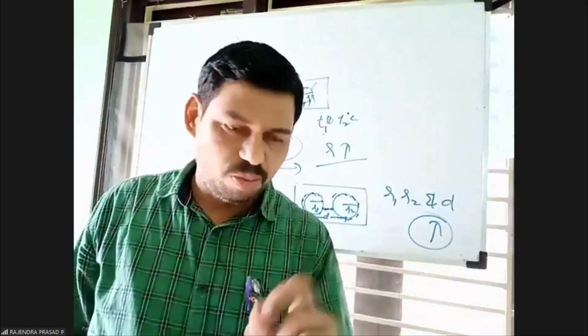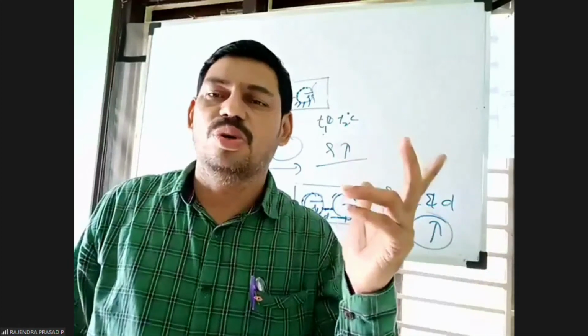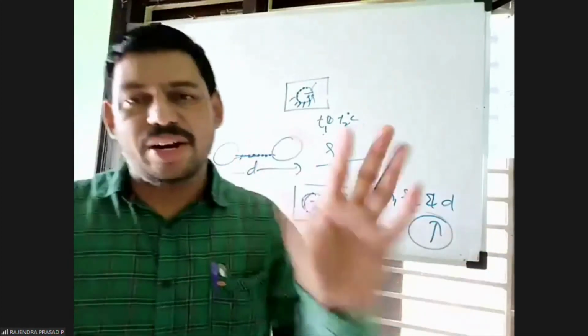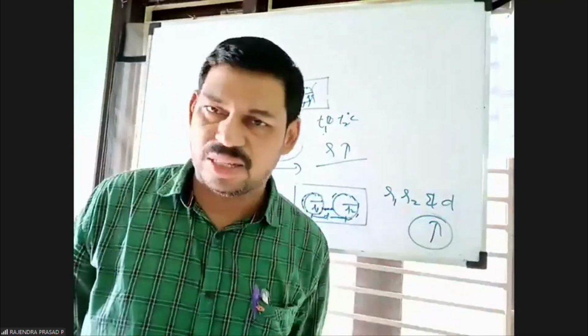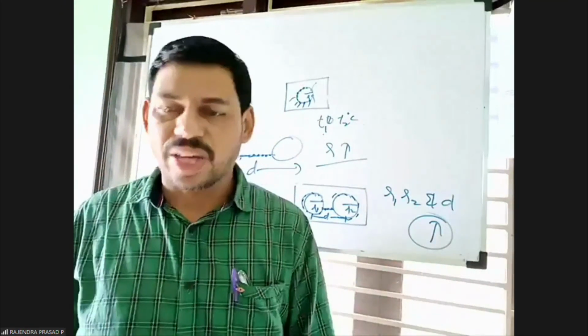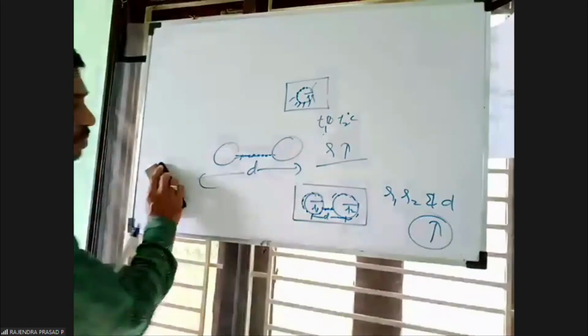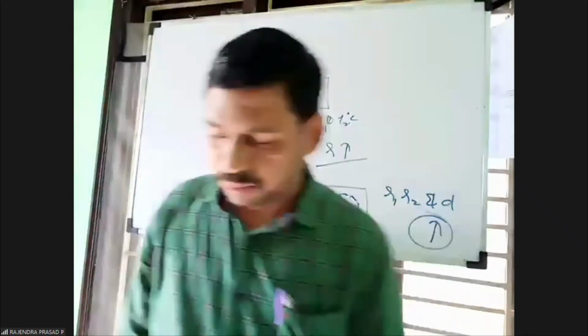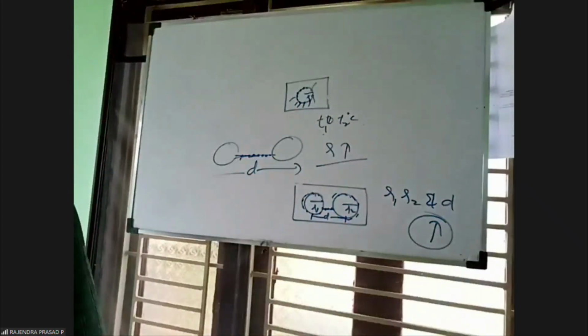So R1 increases, R2 increases, D also increases. This is a very important concept.